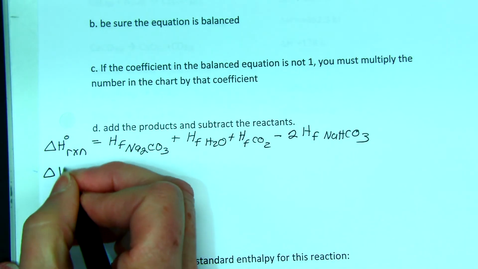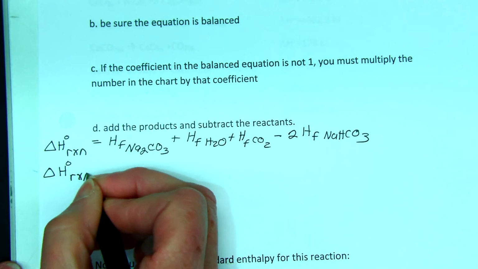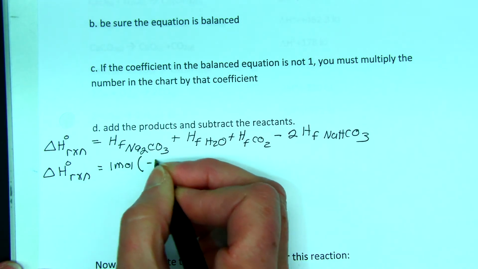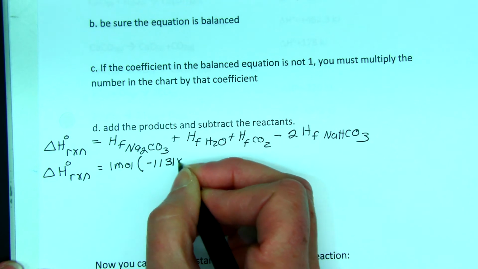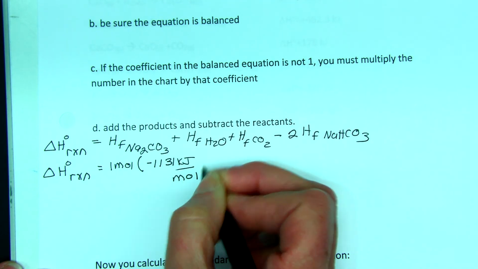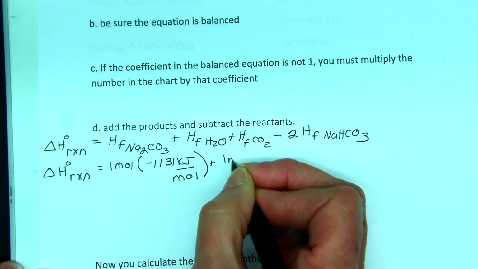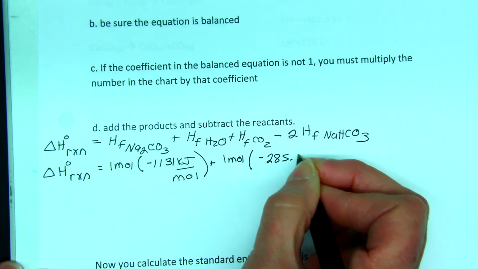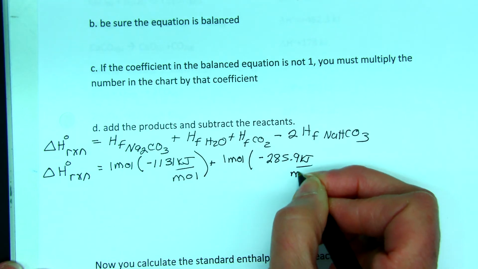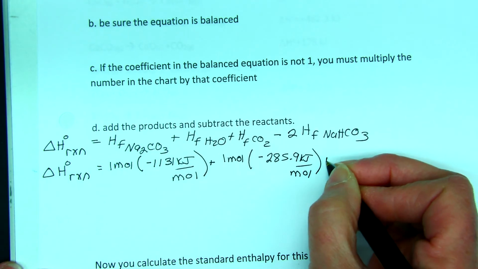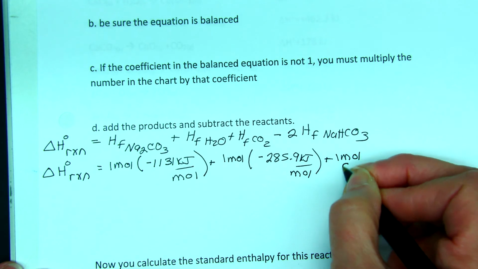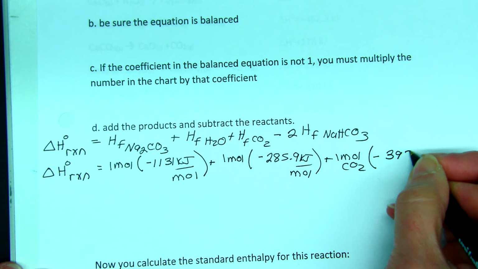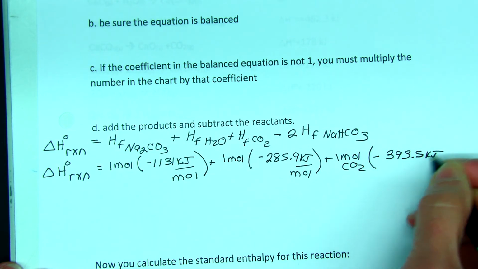So my standard enthalpy change for this reaction is equal to 1 mole of sodium carbonate times negative 1131 kilojoules per mole, adding in the products, plus 1 mole of water times negative 285.9 kilojoules per mole, plus 1 mole of CO2 times negative 393.5 kilojoules per mole.